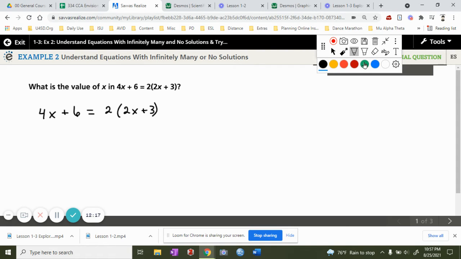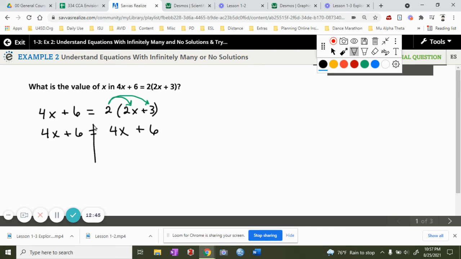And then I'm going to use my distributive property to multiply the parts inside my parentheses by the coefficient 2. So my 4x plus 6 remains the same. And then 2 times 2x is 4x. 2 times 3 is 6.